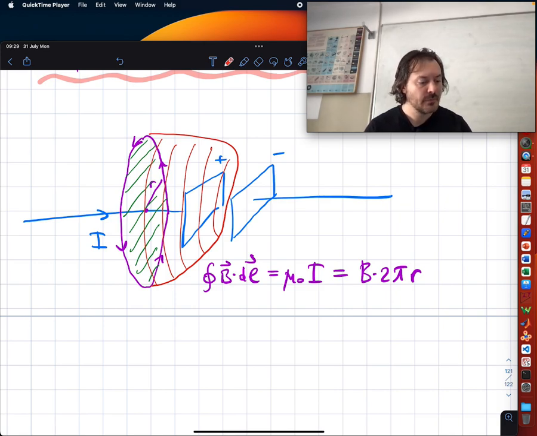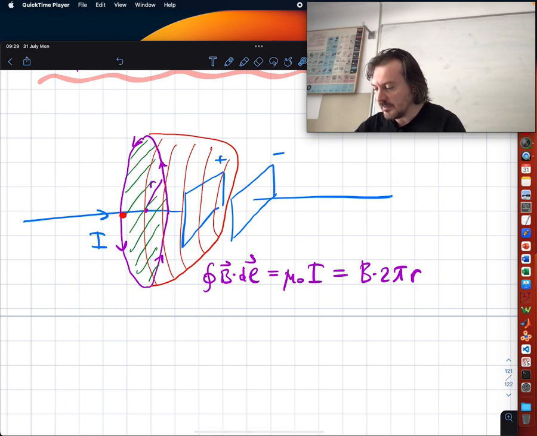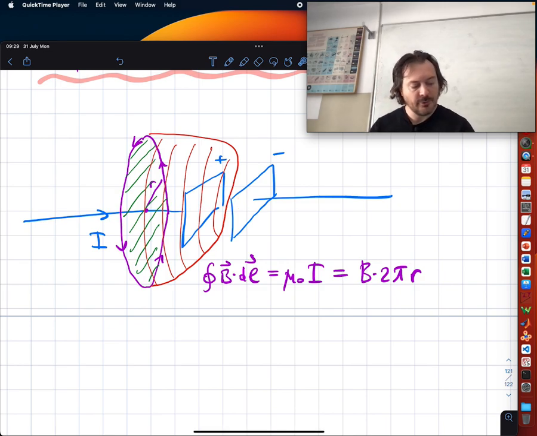So far, did you follow all this? If you look at the green area, there is a current penetrating it, and there's no problem with this law. But if you look at this red area, there is no current penetrating it. So we have a problem.